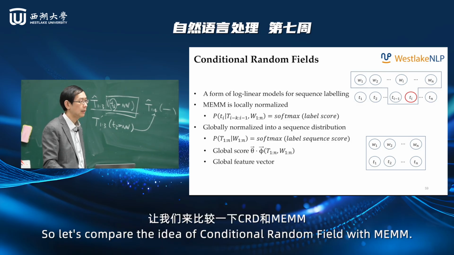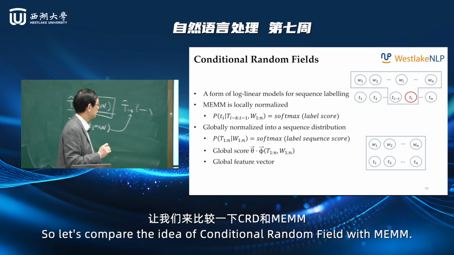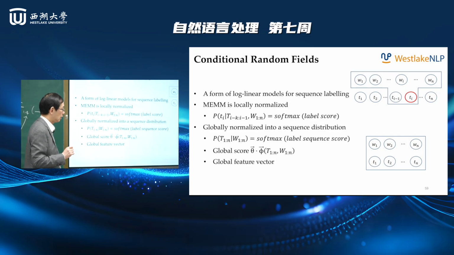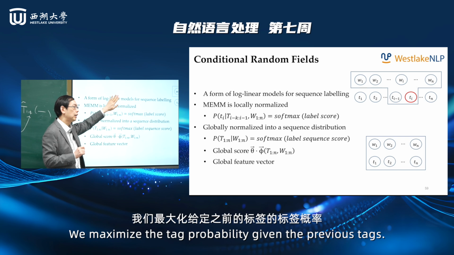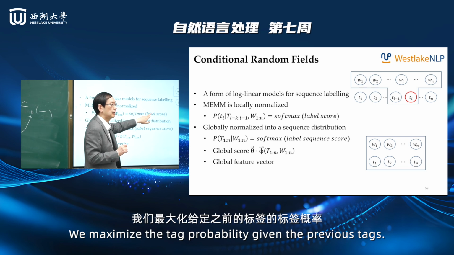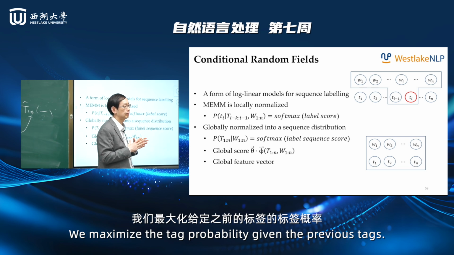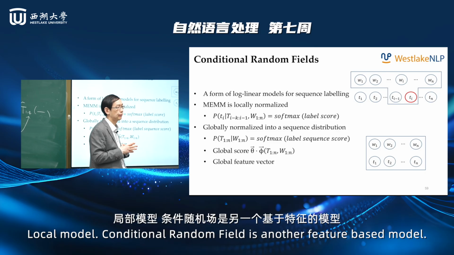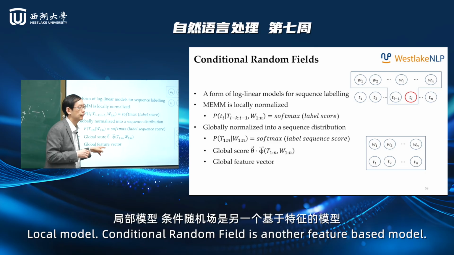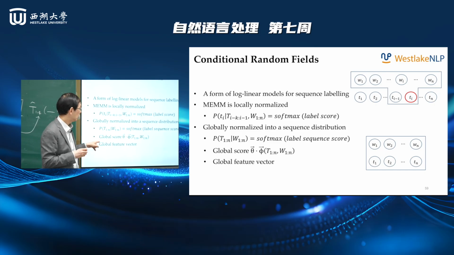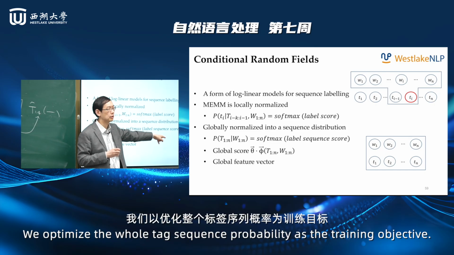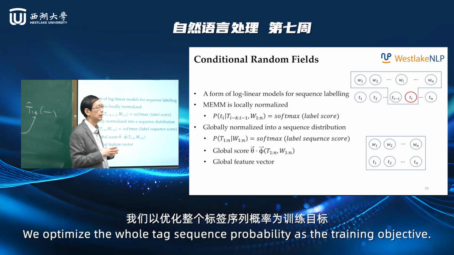So let's compare the idea of conditional random field with MEMM. The picture on top shows you MEMM, okay? We maximize the tag probability given the previous tag, a local model. Conditional random field is another feature-based model. We optimize the whole tag sequence probability as the training objective.